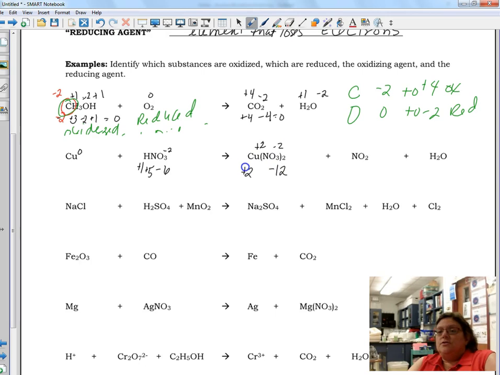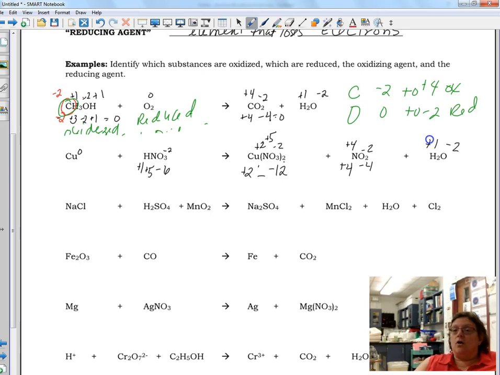We have a +2 from our copper, so this has to be a 10. There's 2 nitrogens, so each nitrogen must be +5. This oxygen's -2, so this nitrogen would be a +4, and water is +1, -2.